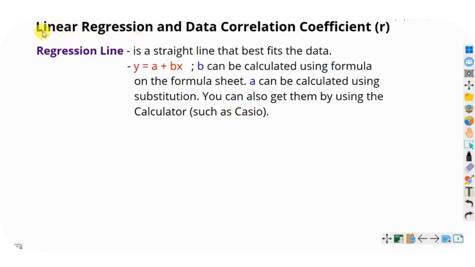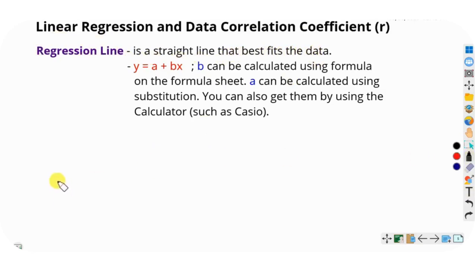Okay, so now I spoke about the linear regression. I said outliers are outside the zone of the linear regression. So now, speaking about linear regression and the data correlation coefficient, what is a linear regression line? A regression line is a line that best fits the data, right?